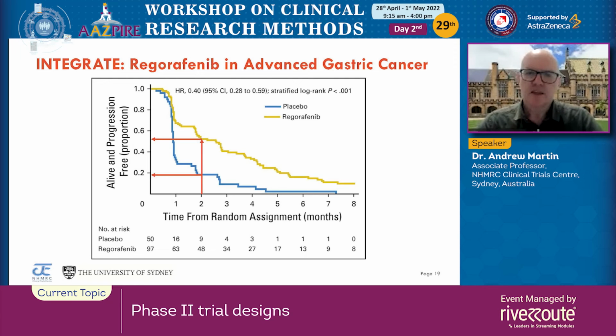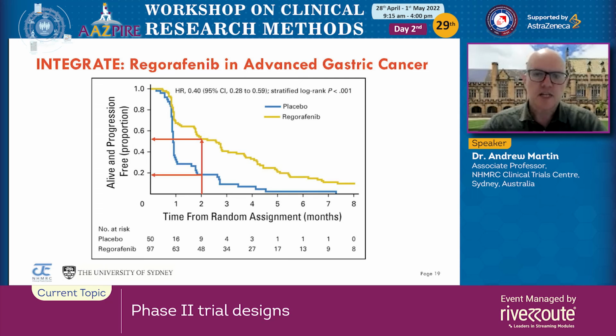So we therefore knew that it wouldn't be appropriate to simply evaluate the 2-month PFS in the Regorafenib arm against that 0.5 benchmark, because it's inappropriate, it's poorly calibrated. So what we ultimately did is a comparison between the two arms. And this was somewhat controversial because the design was pre-specified as a non-comparative randomized calibration design.